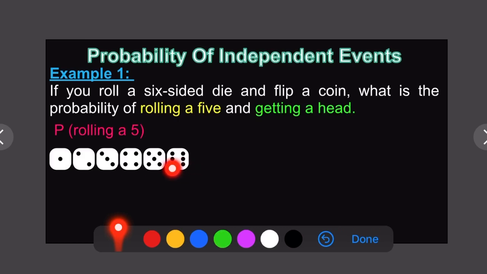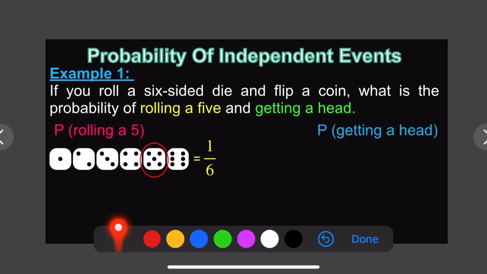So we use the single event probability formula to write the fraction for this particular event, the first event, which is rolling a 5. Since we can get a 5 only once, we have 1 over 6.